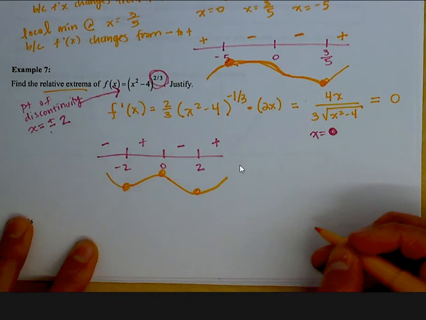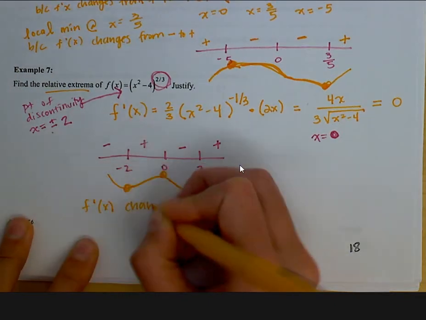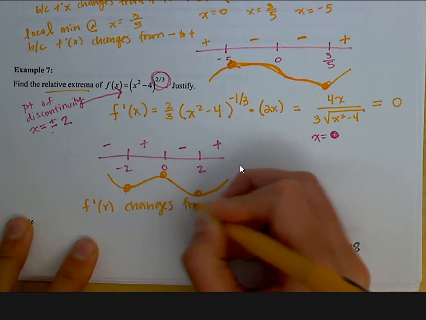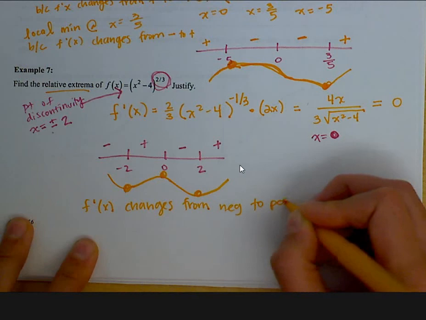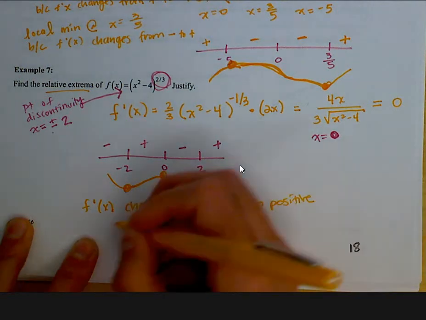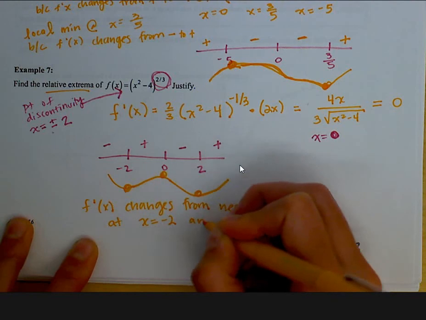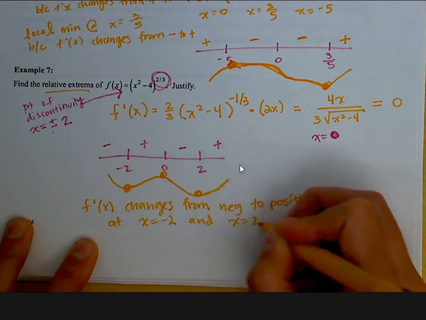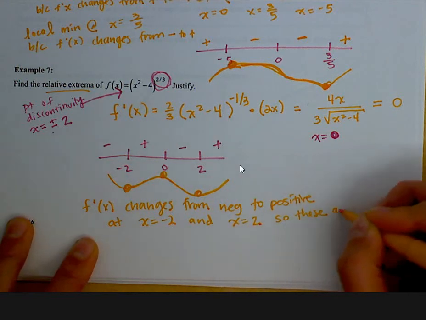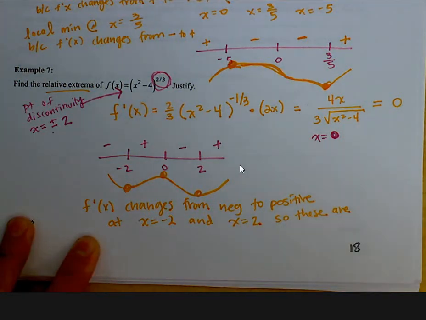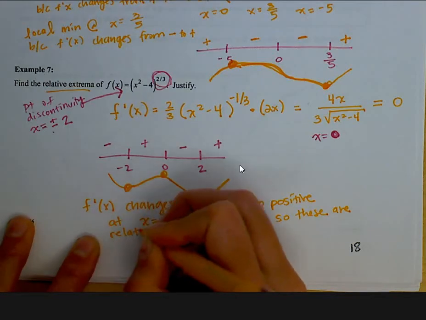So you can say f prime of x changes from negative to positive at x equals -2 and x equals 2. So these are relative minimums.